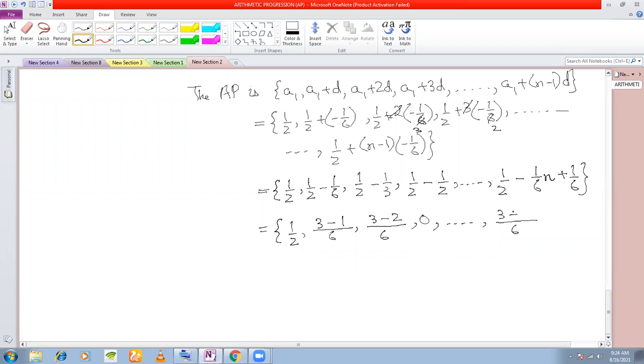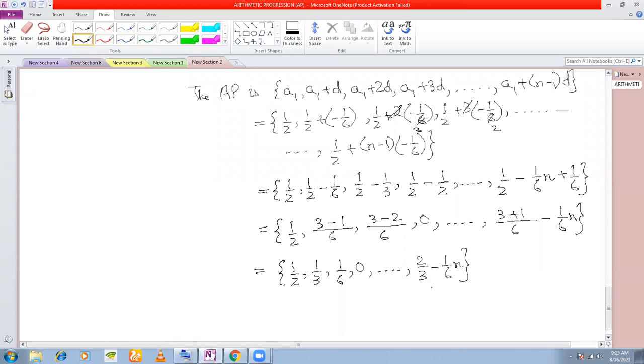So you get 3 plus 1 and minus 1/6 into n. So half. This is 2/6, which is 1/3. This is 1/6, 0, and so on. And this is 4/6 means 2/3 minus 1/6 into n. This is the required AP.